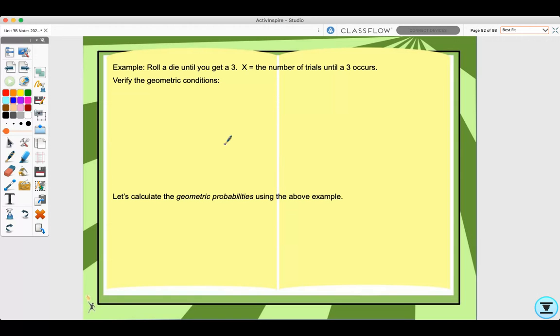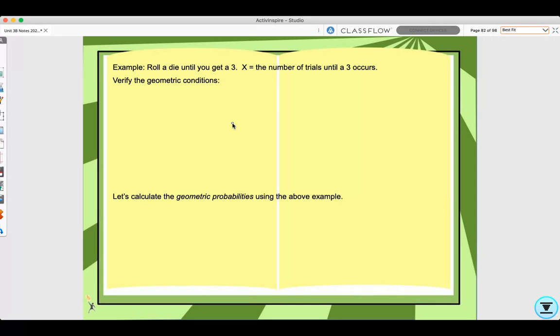Let's look at this example. Roll a die until you get a 3. X equals the number of trials until a 3 occurs. First, let's verify the geometric conditions. One, 2 outcomes. Success is getting a 3, and failure is not getting a 3.